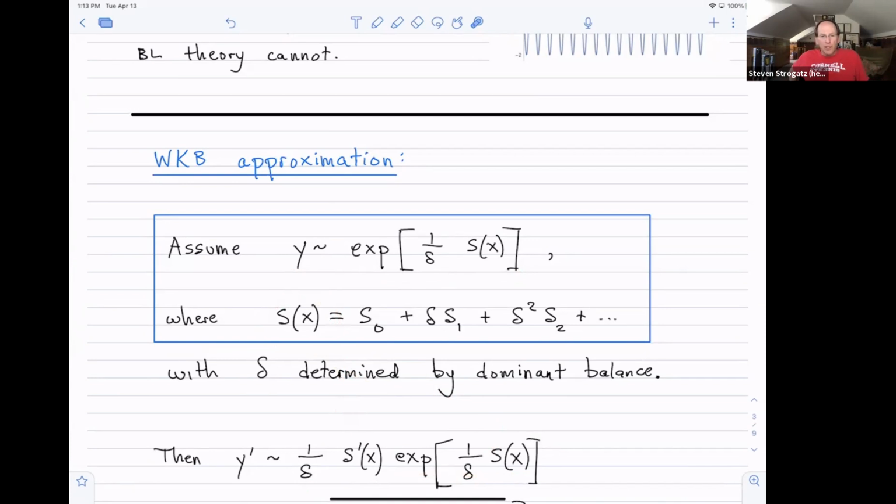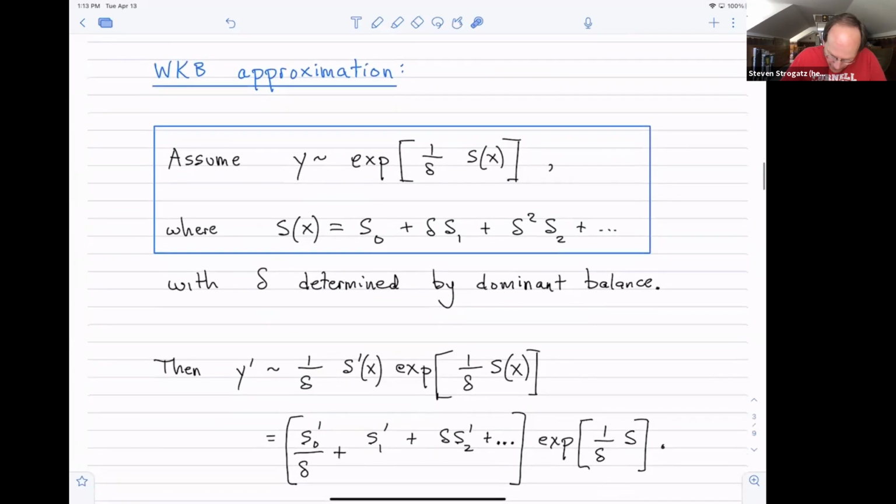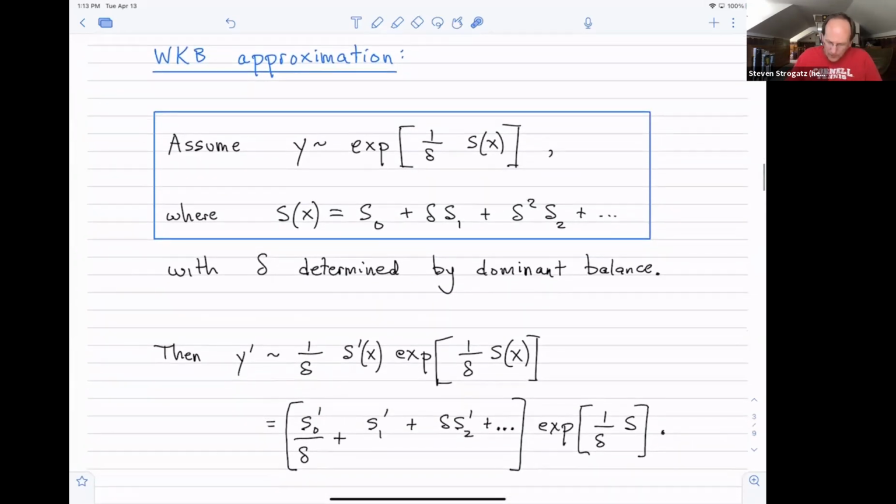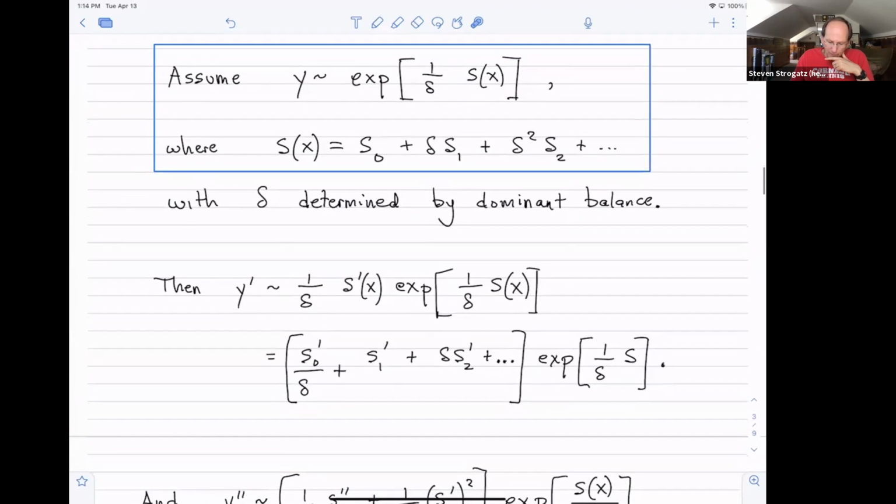So you can see you're going to generate a lot of different terms with deltas in them. So if we do that, well, this is what we get for now. I'm just going to write down the first 3 terms and then dot, dot, dot for the rest of them.